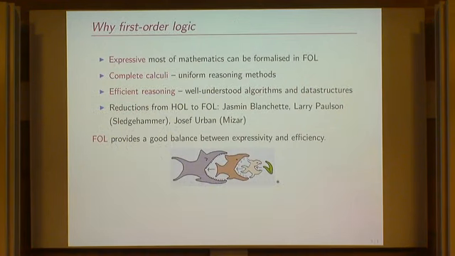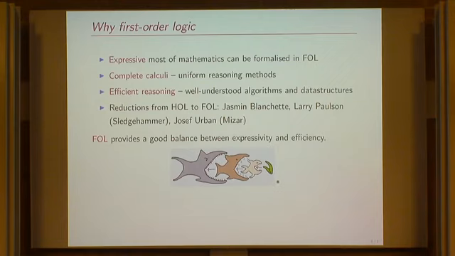Okay, so why first-order logic? First of all, first-order logic is very expressive, so basically you can formalize all mathematics in first-order logic. And it's also complete. There is a complete calculus for first-order logic, and this means that we can have uniform reasoning methods for different domains, in particular, for example, the superposition calculus, resolution, or instantiation.